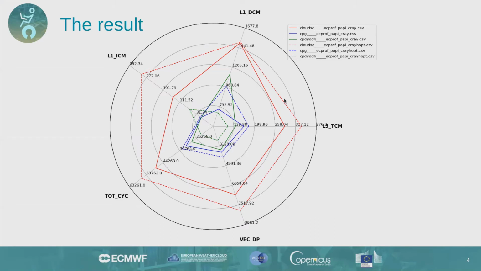So this is another reason why we are not using something like Intel Parallel Studio or Scalasca or something like that. Here it's L3 total cache misses, L1 data cache misses. We can see that the data cache miss is actually larger for the optimized version. So this might show a problem.